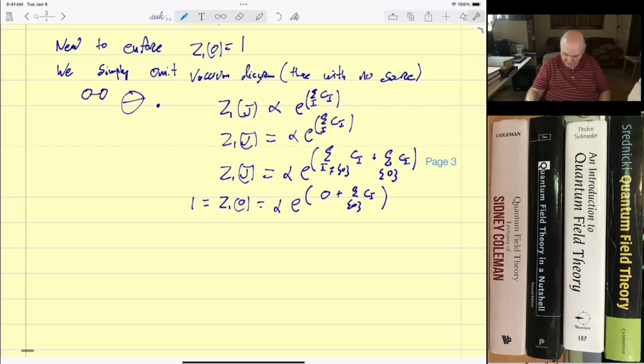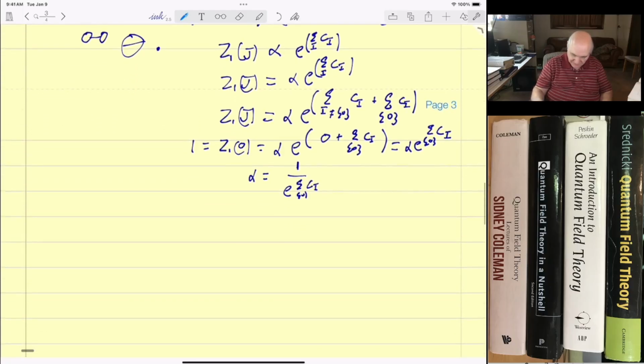So this is just equal to alpha e to the sum over the vacuum diagrams. This is not the best notation, but I'm just going to use it for now. And this implies that alpha is equal to 1 over e to the sum over vacuum diagrams of CI.